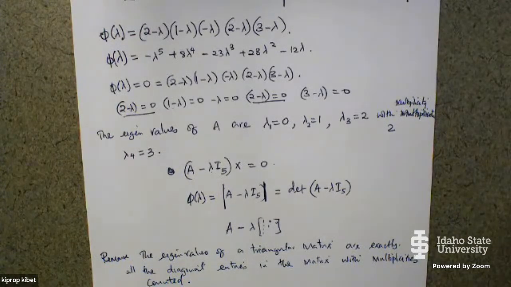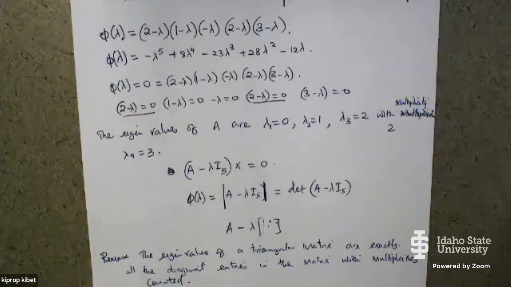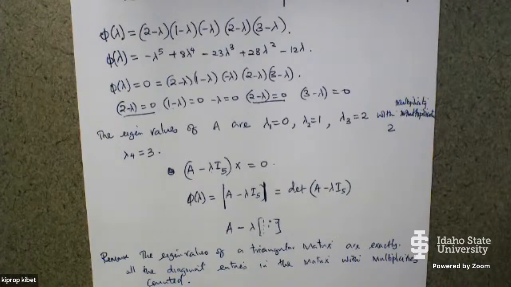So basically, in this case, we have 5 eigenvalues. So we also count the multiplicities. Okay, any question up to that?